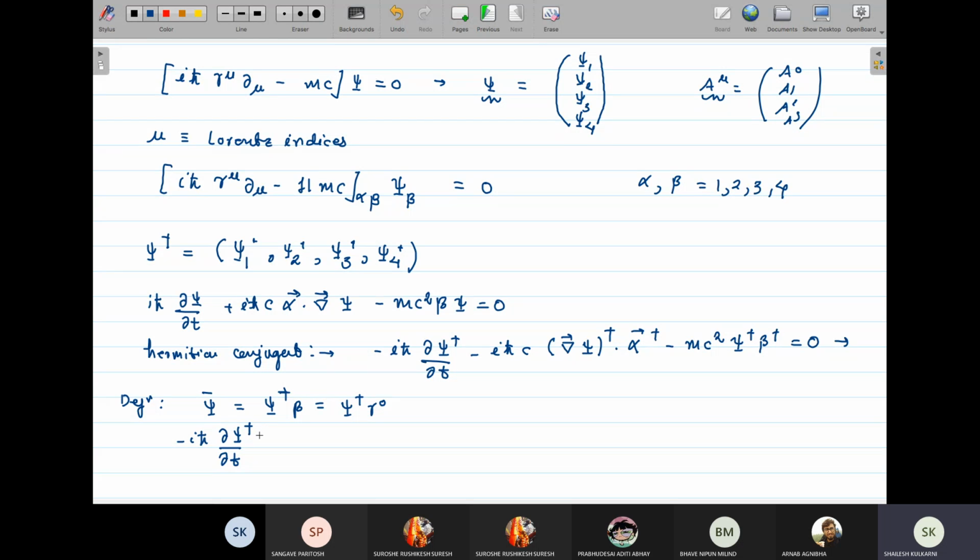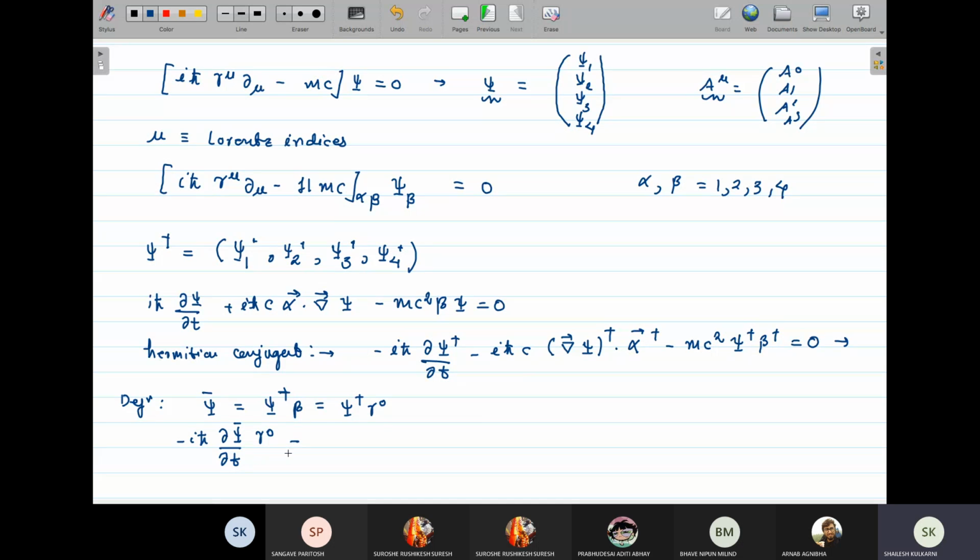One of the gamma 0 will attach with the psi dagger and make it psi bar. So ultimately what I will get here is ∂/∂t of psi bar gamma 0. That is your first term.